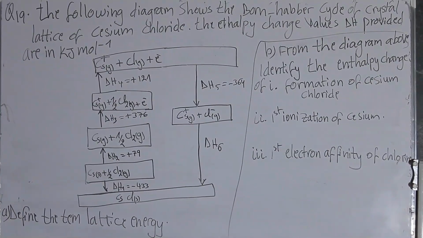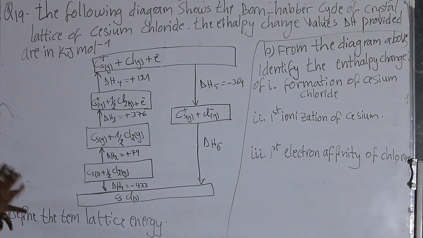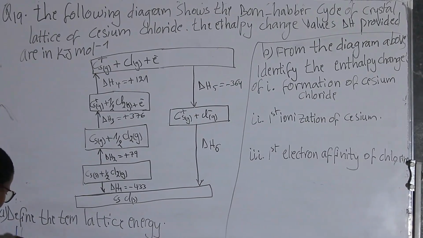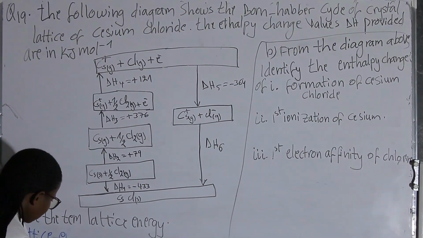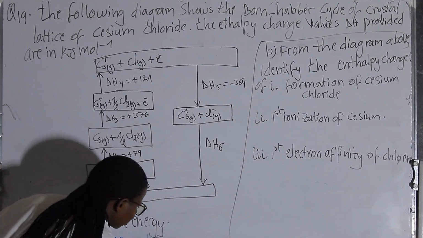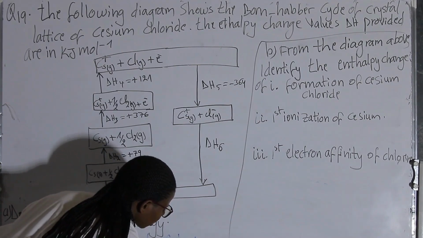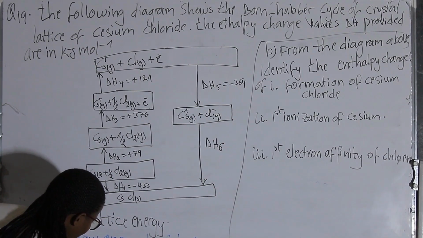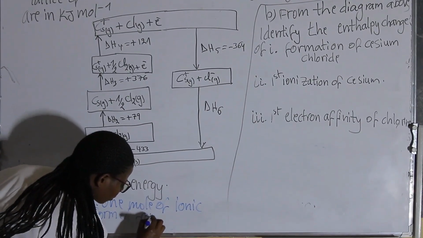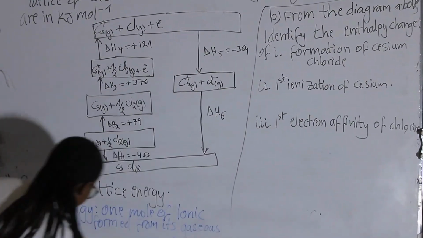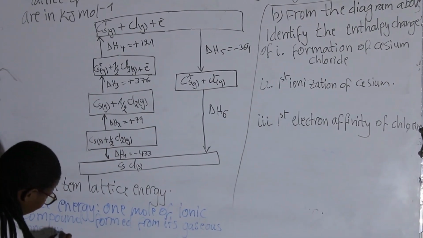When we talk about lattice energy, it is the energy change when one mole of an ionic compound is formed from its gaseous ions under standard conditions.